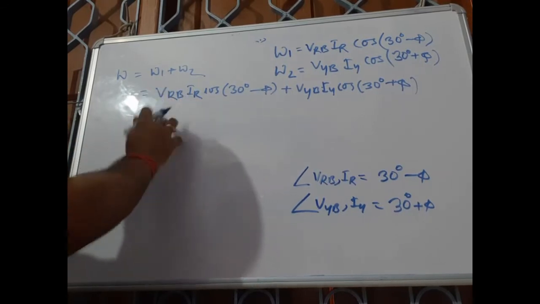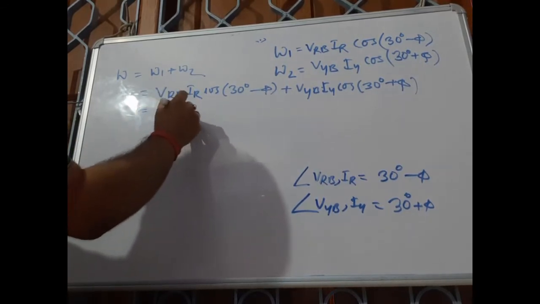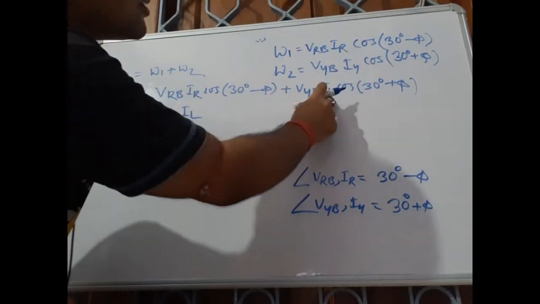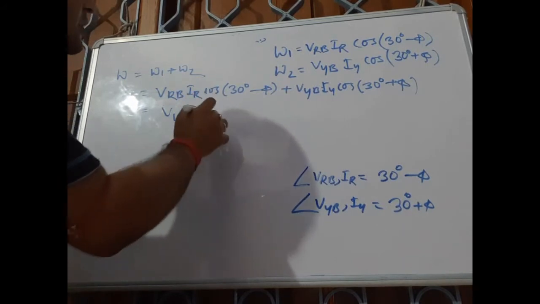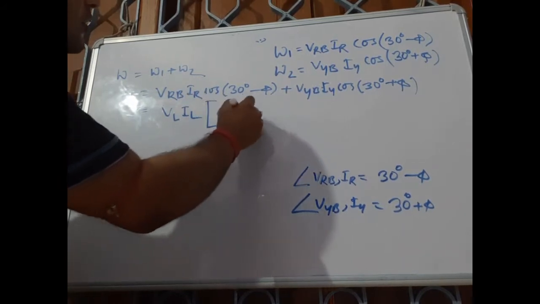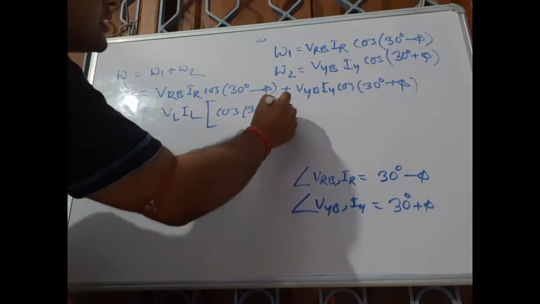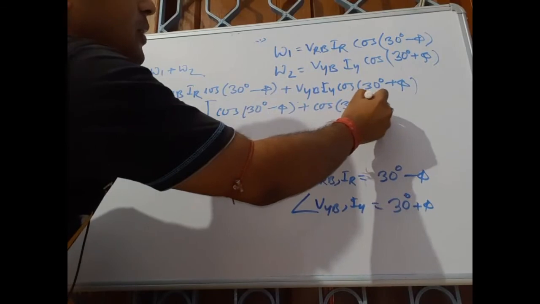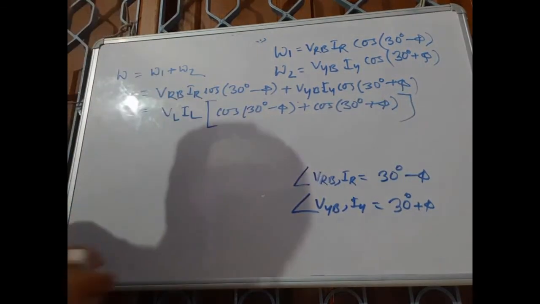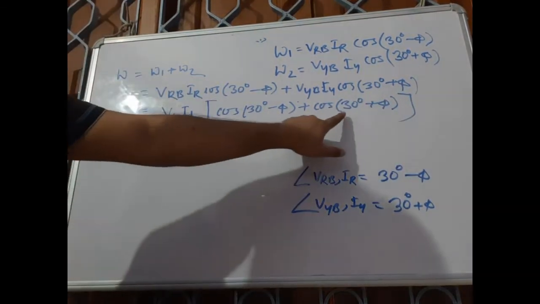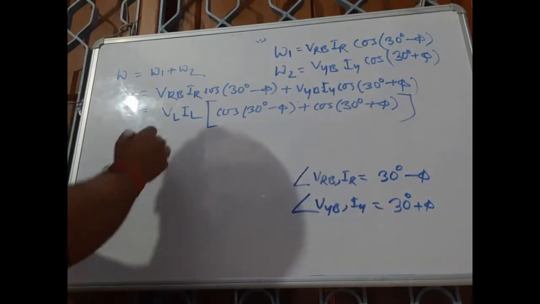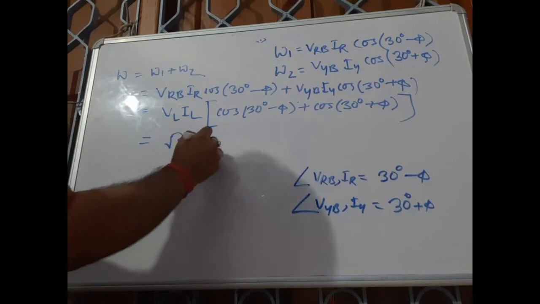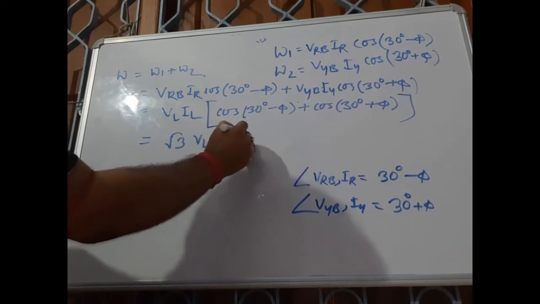We can write VL IL, and take it as common, cos of 30 degree minus phi plus cos of 30 degree plus phi, right? Now if I expand this cos term, the ultimate solution is root 3 VL IL cos phi, right?